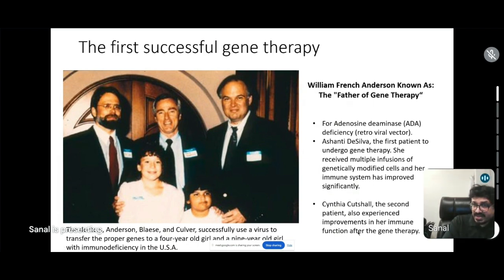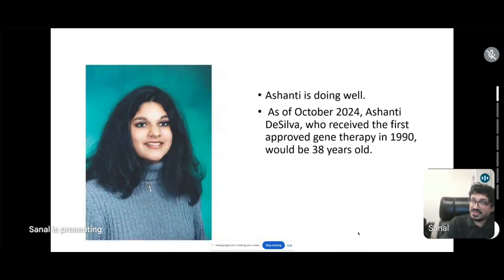The second patient, Cynthia, also experienced significant improvements in her immune function after the gene therapy. So the patients are happy, and Ashanti is doing very well. As of October 2024, Ashanti De Silva will be 38 years old.